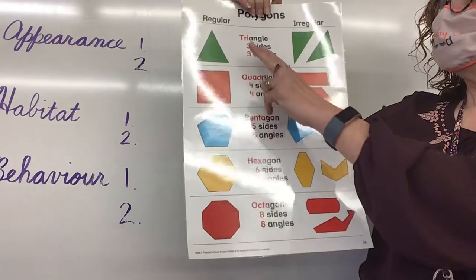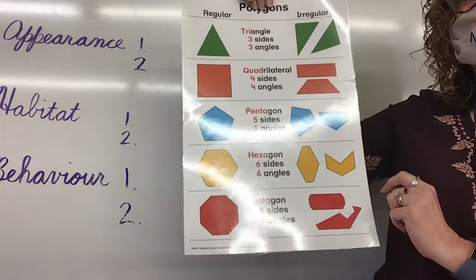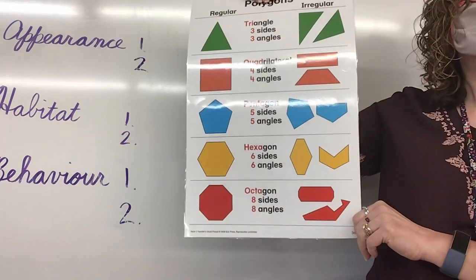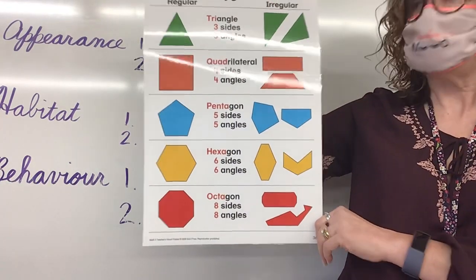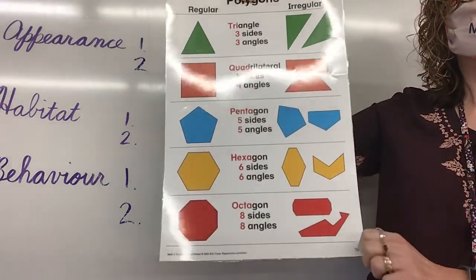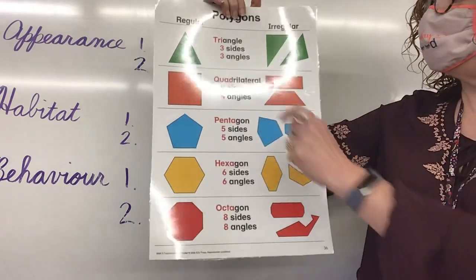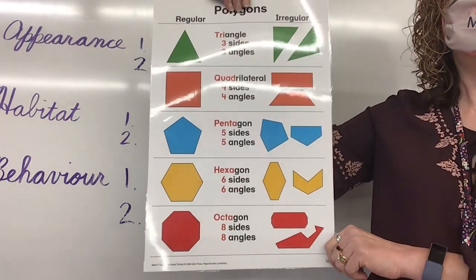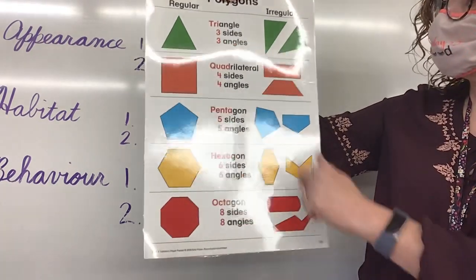All right? And then on Friday we were talking about how many sides it would have, how many angles, how many vertices, and it was the same as the number of sides, wasn't it? So it made it really easy. We learned about the triangle, which has three sides, three angles, three vertices. We learned about the quadrilateral, which has four sides, four angles, four vertices.